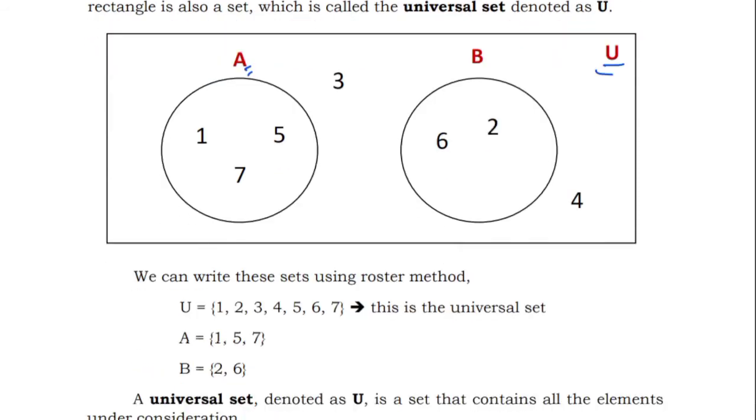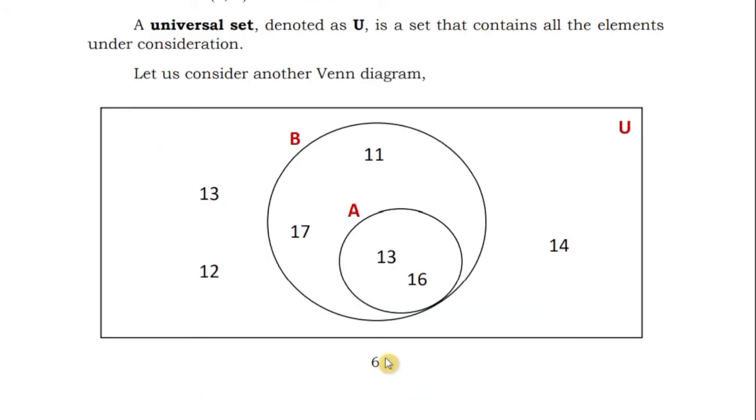Set A, we have set 1, 5, 7 because it was grouped here. Set B is 2, 6. So all elements, so here.